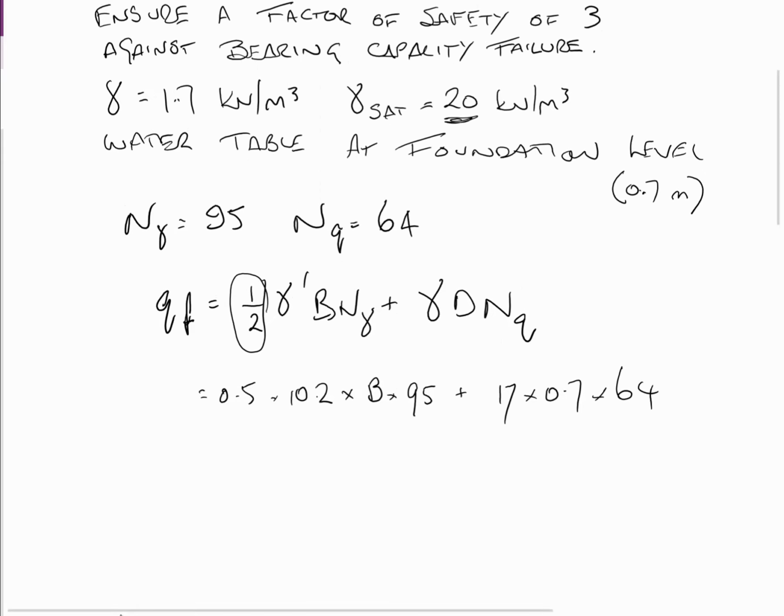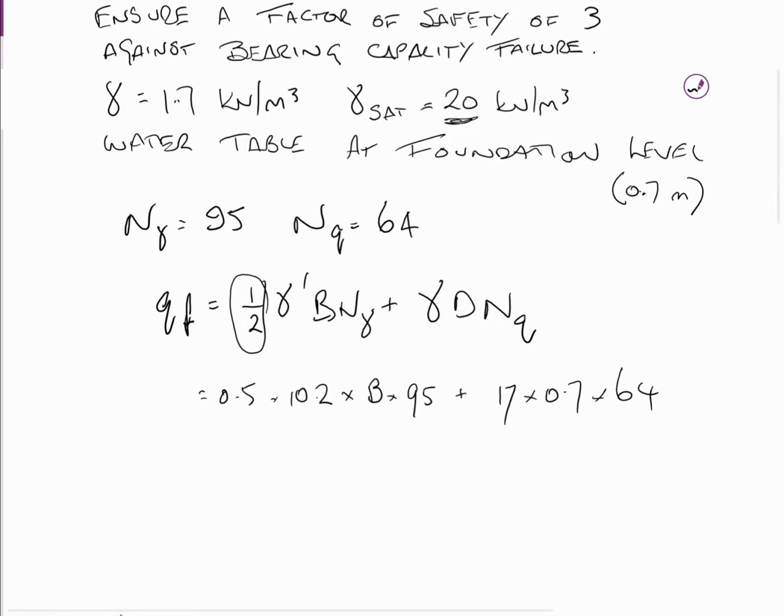So what have we got in this? 17 is the gamma above the base of the footing, and we've got 10.2, which is the gamma saturated below the bottom of the footing. This whole third section is that resistance to uplift force, and this one is the downwards lateral stress. But anyway, just work that out.